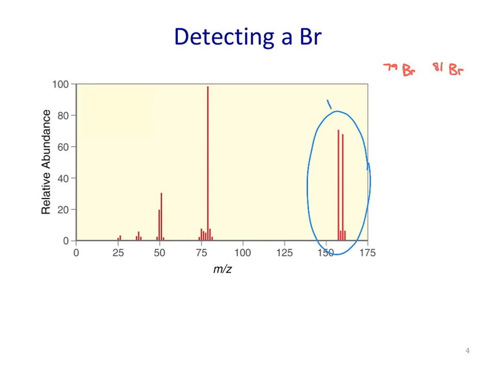We see this peak right here, which we'll say is our M+, but now we have another peak, 2 mass units higher than the first. So this is M+2. That corresponds to the bromine-79 isotope and the bromine-81 isotope. So if you see this particular ratio, M+ to M+2 in a 1-to-1 ratio, that tells you you have a bromine in your molecule.